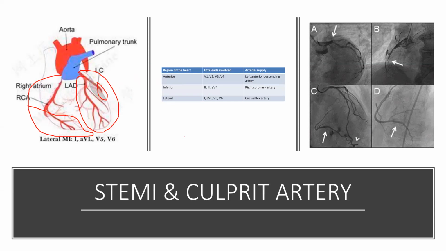So when I have an inferior MI, what coronary artery is involved? If I have an inferior wall MI, what coronary artery is involved? Correct. All right. If I have a lateral wall MI, what coronary artery is involved?